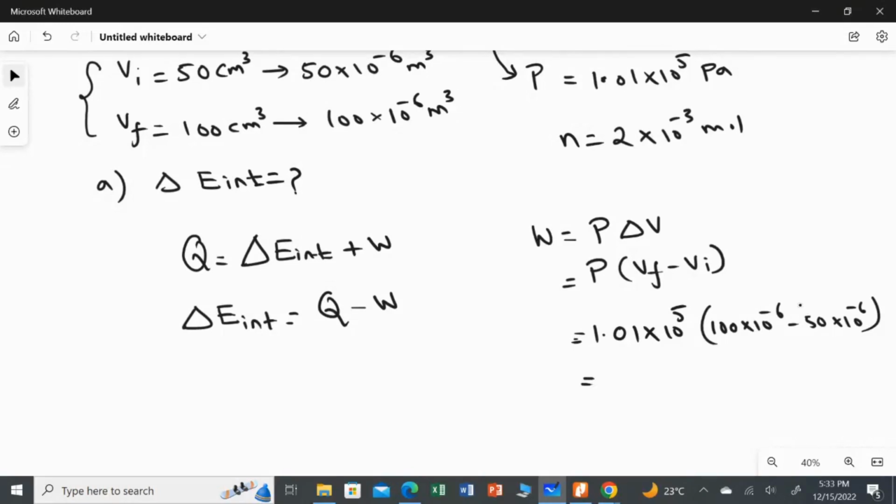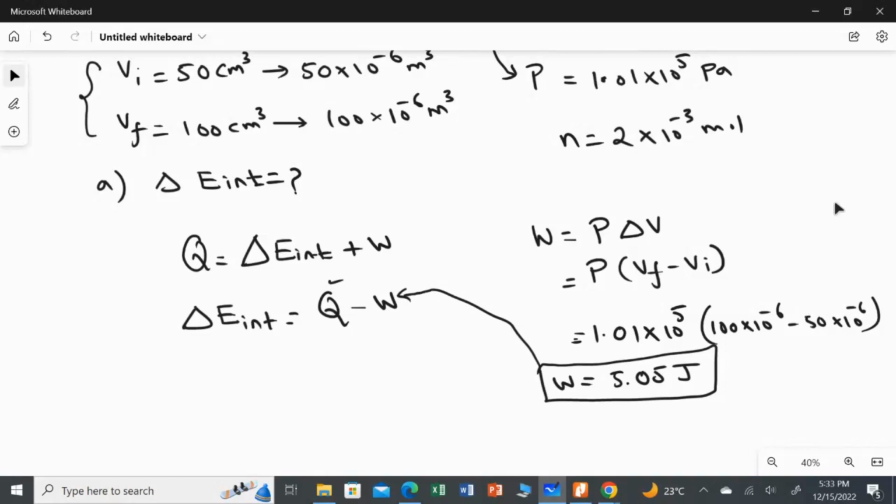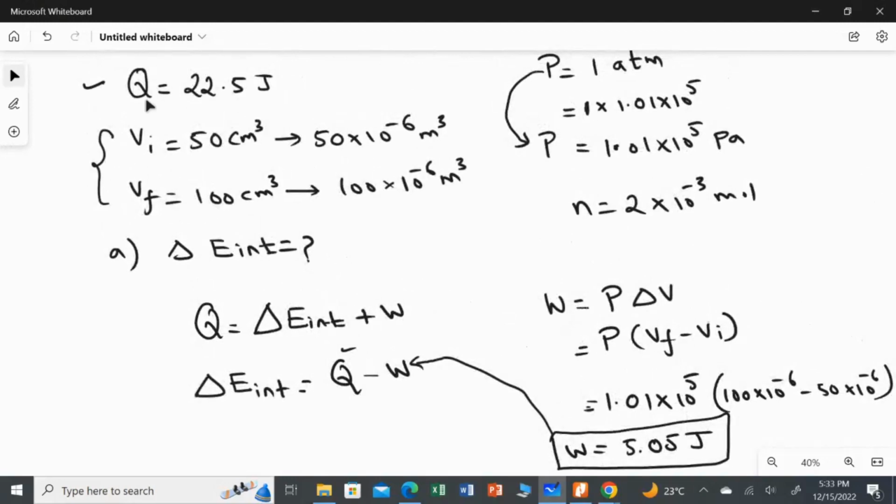If you calculate this value, you will get the answer as 5.05, and the unit for the work is joule. Clear? Okay. Now I'm going to take this value and substitute here, and the value of Q is already given in the question as 22.5 joules.